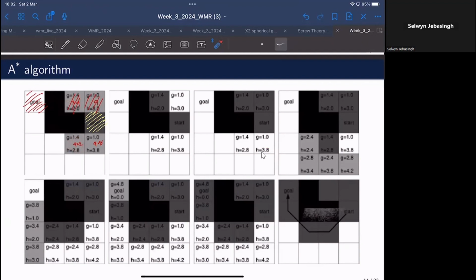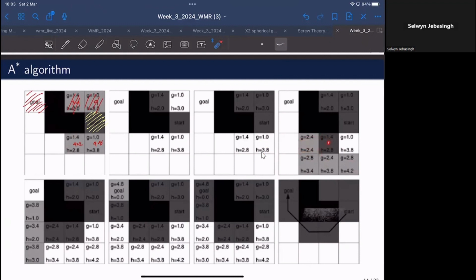So once you do that, what will you do? You will expand it further. You will expand the neighboring nodes of 4.2. So that is what this stage is. The neighboring unexplored nodes of this node would be this node, this node, this node, and this node. And you can also compute the cost function g and the heuristic function similarly to what we have done.